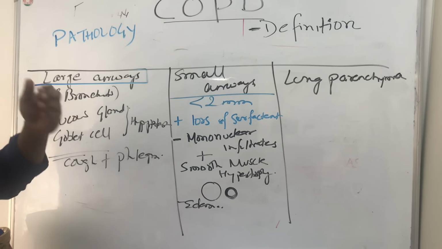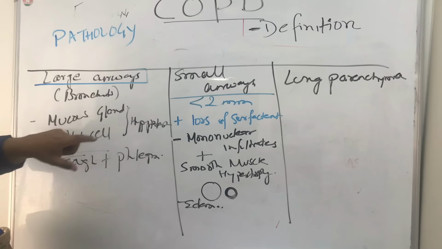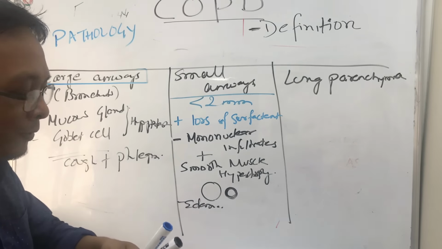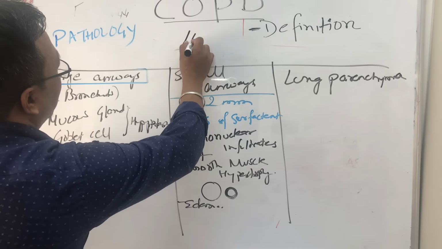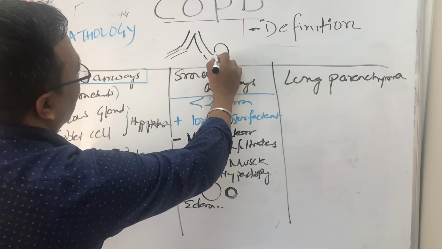Overall, what is happening here? There is destruction of the extracellular matrix. Means these are the airways, we know, and these are the alveoli.